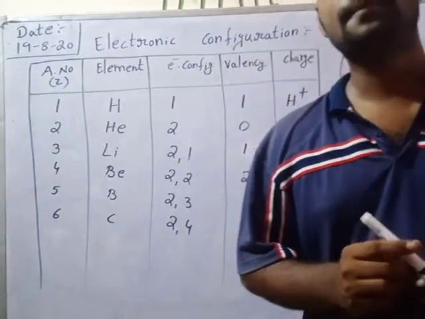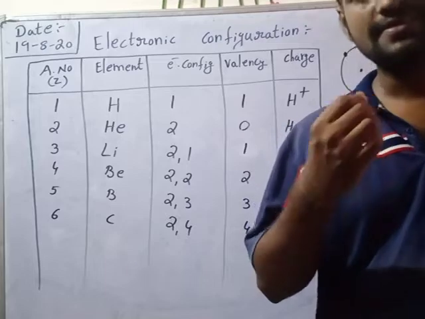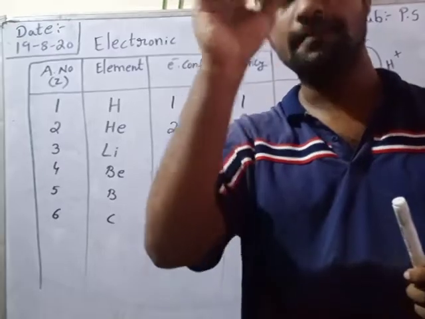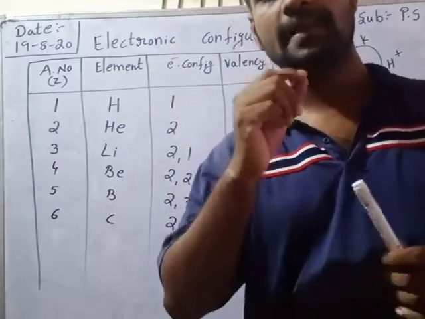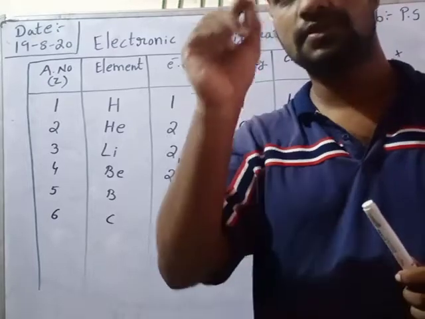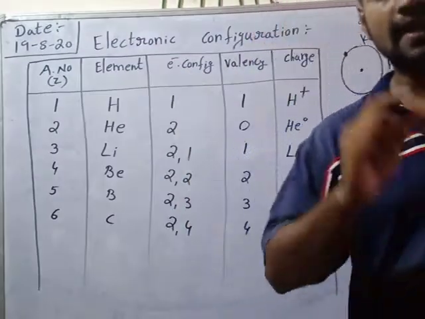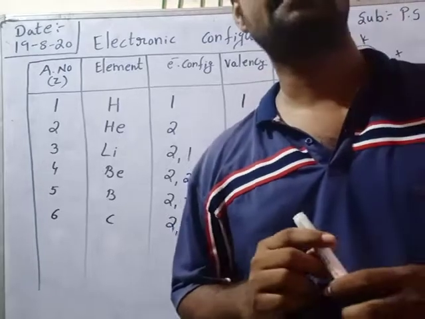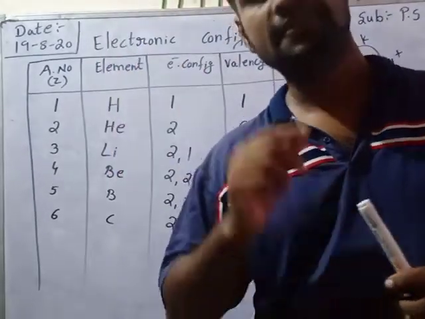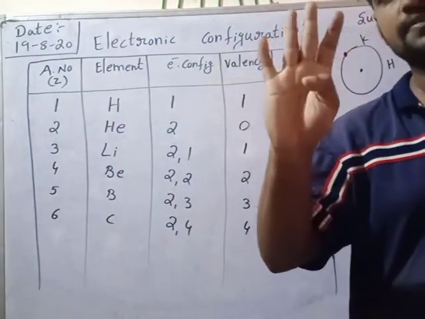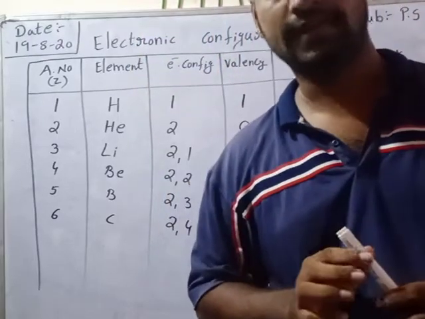For example, if an element loses one electron, it simply has a plus one charge. If the element loses 2 electrons, plus 2 charge. If it loses 3 electrons, plus 3 charge. If it loses 4 electrons, plus 4 charge. Clear, all of you?